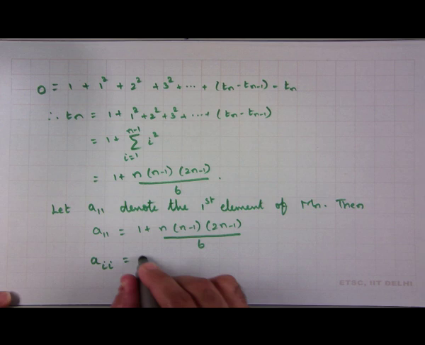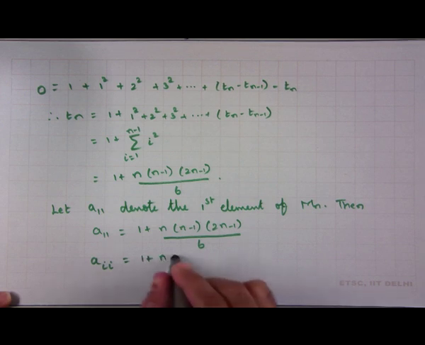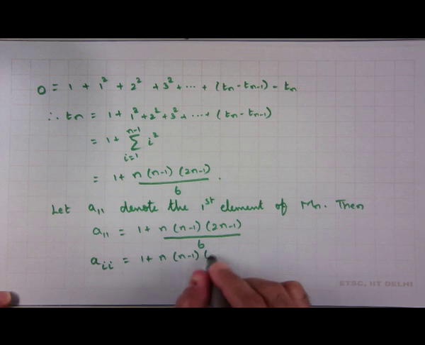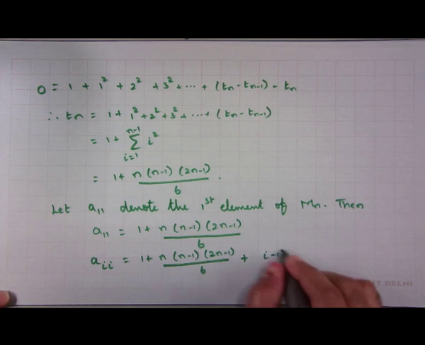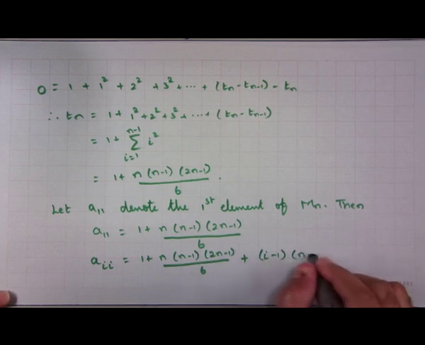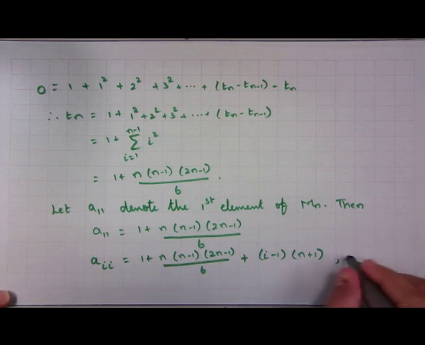So, the ith element is 1 plus n into n minus 1 into 2n minus 1 upon 6 plus i minus 1 times n plus 1, for 1 less than or equal to i less than or equal to n.